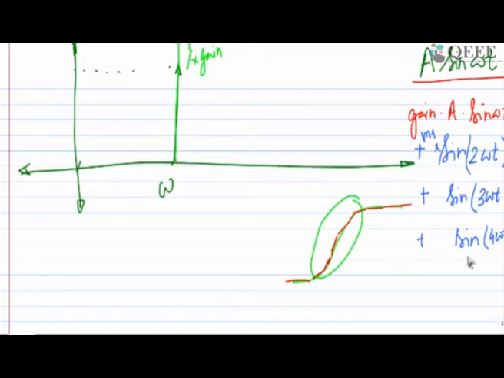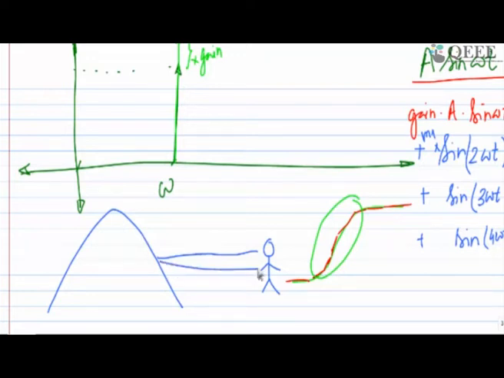It's the same as, let's say there is a mountain on one side, and you are standing here, shouting a name. When it comes back, it's called the first harmonic.